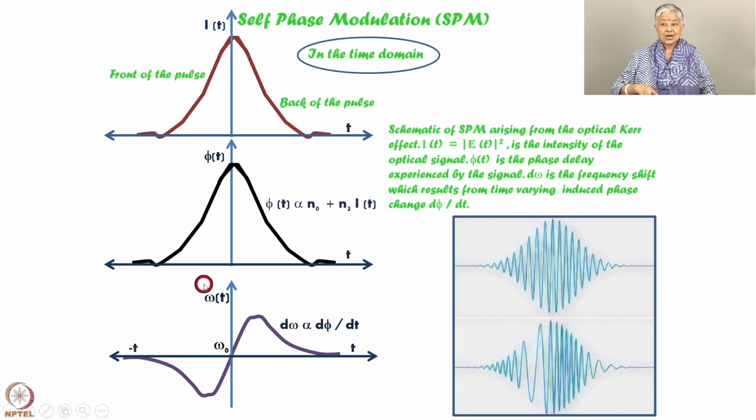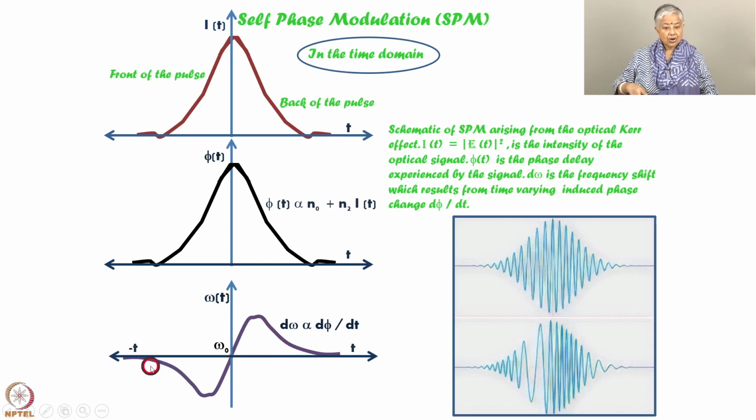Any change in this will give rise to this, so you get a frequency change here. This shows negative frequency, meaning it is becoming less than the central frequency. Omega 0 is the central frequency, and this is the positive part. That means in this falling edge you are getting newer frequencies, which are omega 0 plus some frequency.